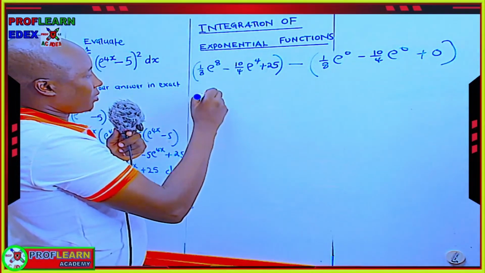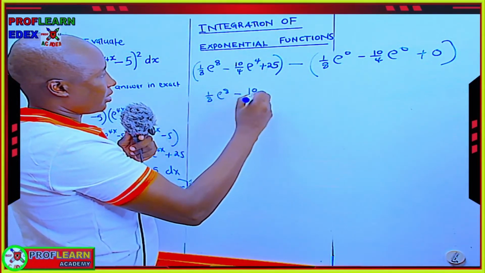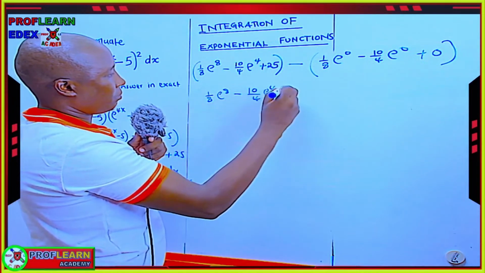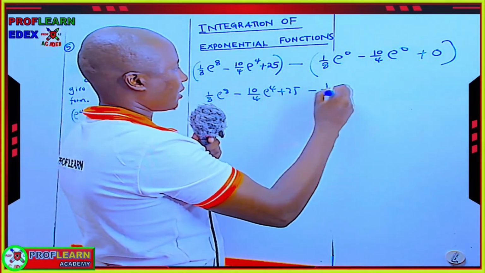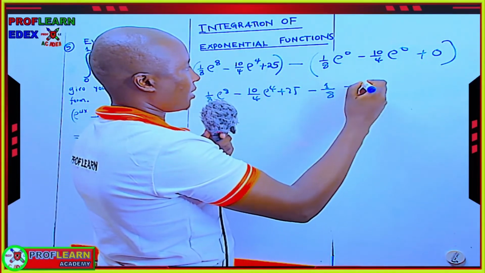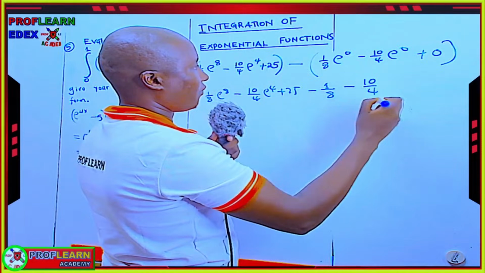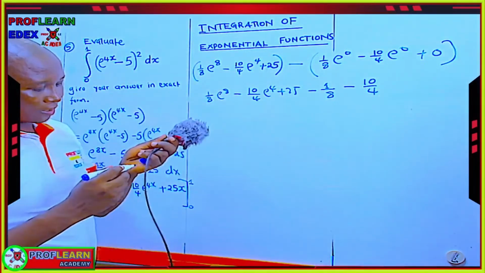Now this is going to be 1 over 8 e^8 minus 10 over 4 e^4 plus 25, minus, e to the power 0 is 1, so 1 over 8 minus 10 over 4, and then we can simplify that.